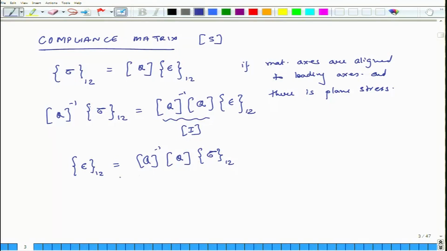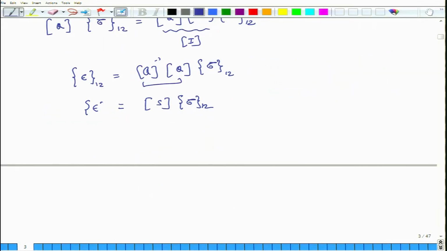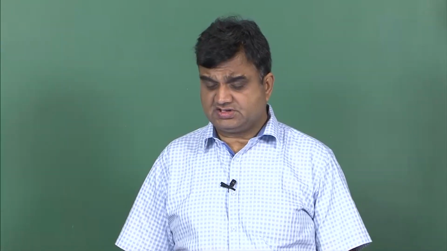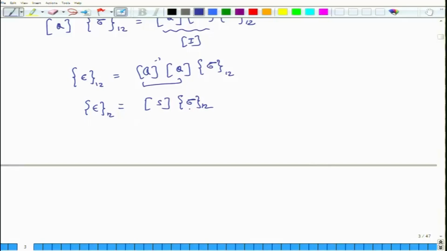Okay. So, the product of these two I call S, which is the compliance matrix, times sigma 12. Okay. So, if I know the stresses in a unidirectional lamina which is extremely thin, and if it is in a plane stress state, then if I multiply the compliance matrix with the stress vector, I can compute the strains in all the 3 directions.